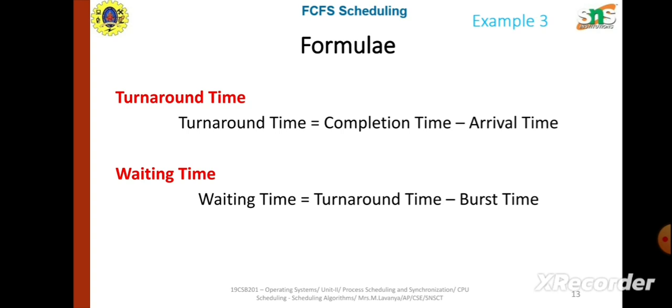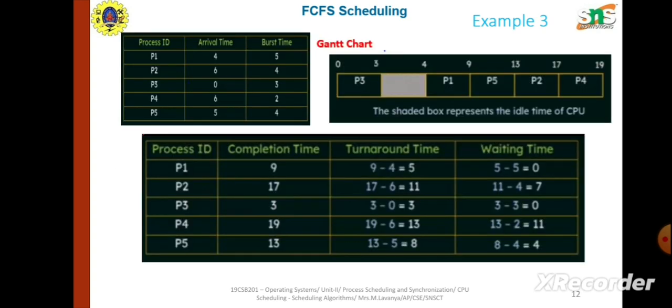For process P1, its completion time is 9 minus its arrival time 4. 9 minus 4 equals 5, the turnaround time for process P1.